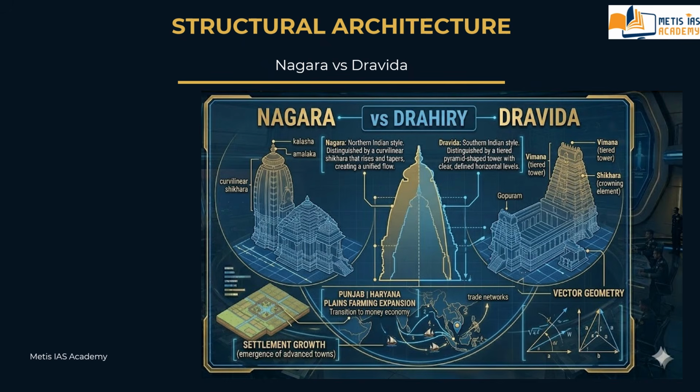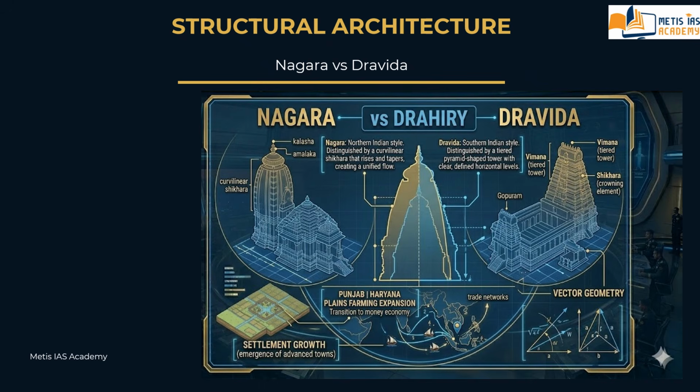Statement 2 and statement 3, so option is B. This is all about the taxonomy, architectural taxonomy, and this is about Nagara architecture, Dravida architecture. This is all about architectural traps.